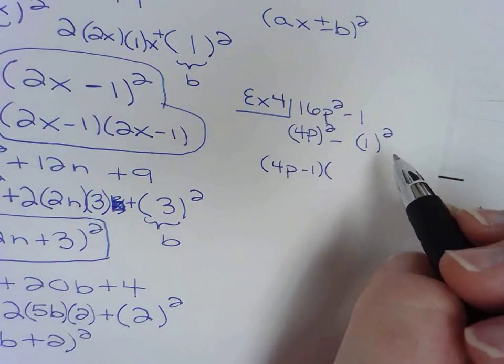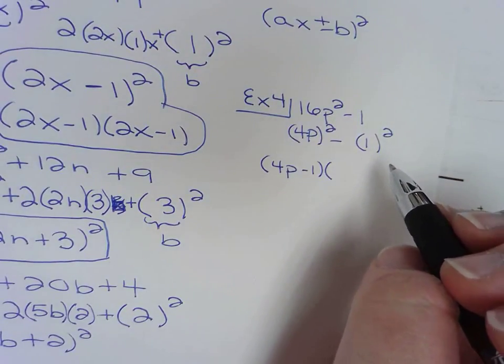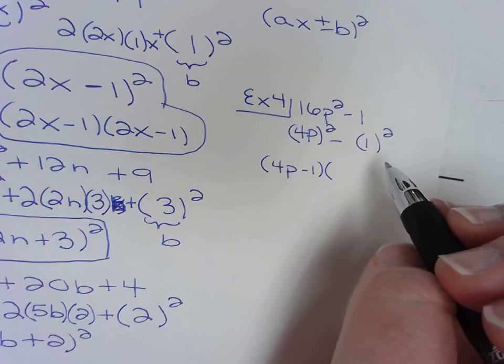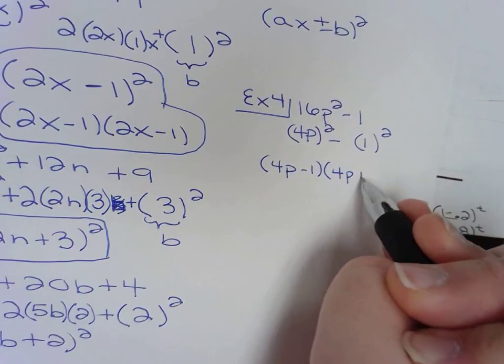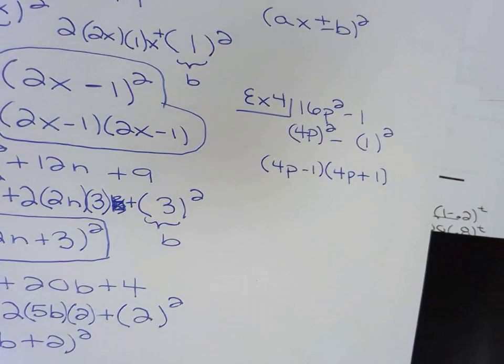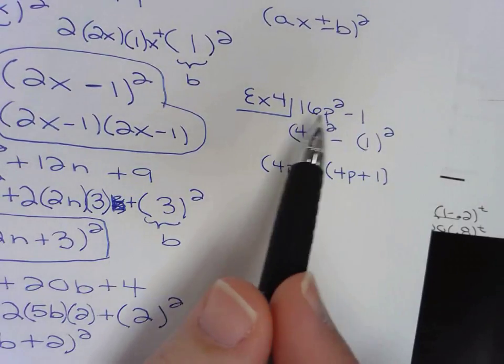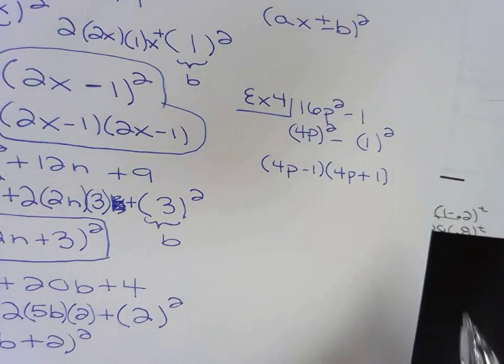It's a difference of perfect squares. Go back and look at the notes from Friday, on page 50. Oh, it's plus. Yep, 4p plus 1. That's the difference from what we did Friday. Today, it is a trinomial. Friday, it was a difference of perfect squares, binomial. And that would be your answer.